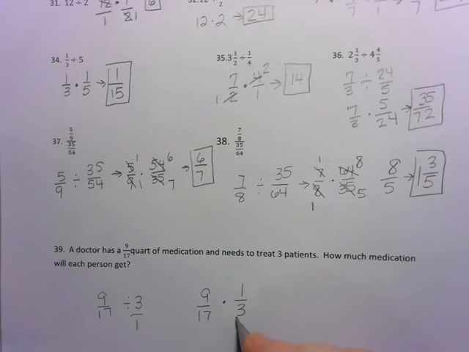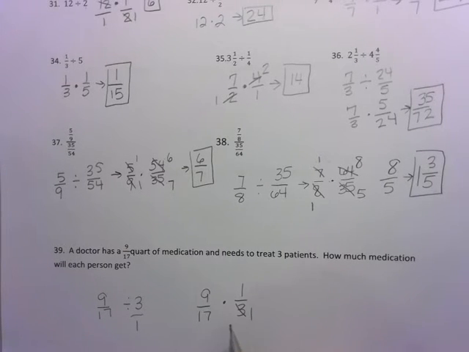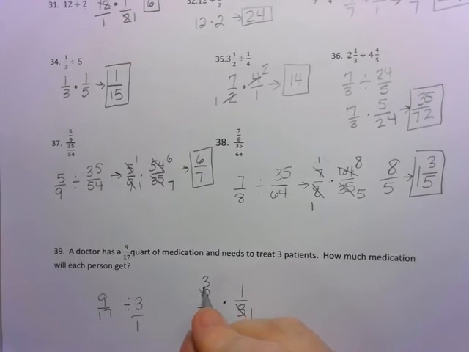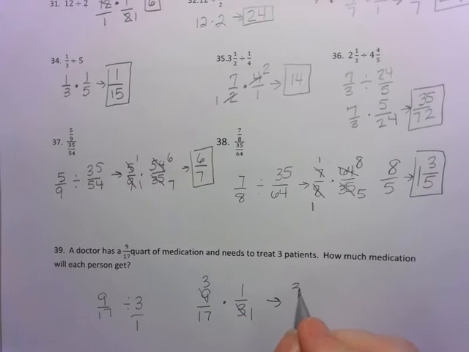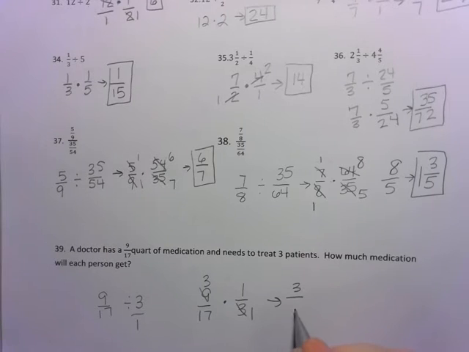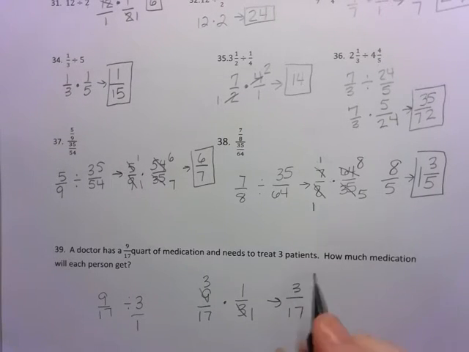The reciprocal of 3 is 1/3. I can cancel 3 into 3 once, 3 into 9 3 times. So my answer, 3 times 1 is 3. 17 times 1 is 17. So each of them would get 3/17 of a quart.